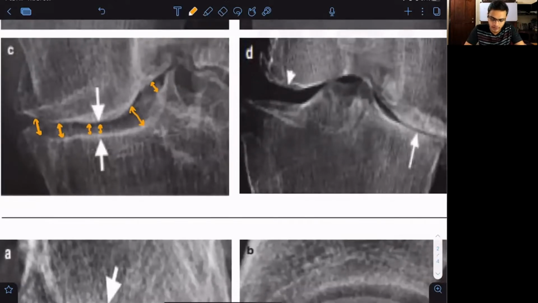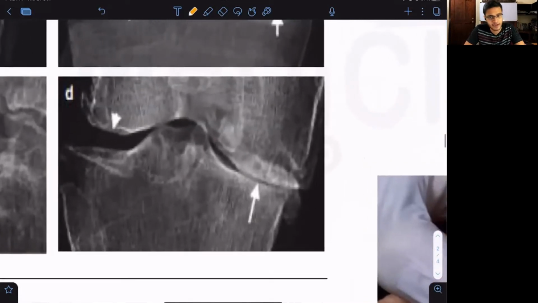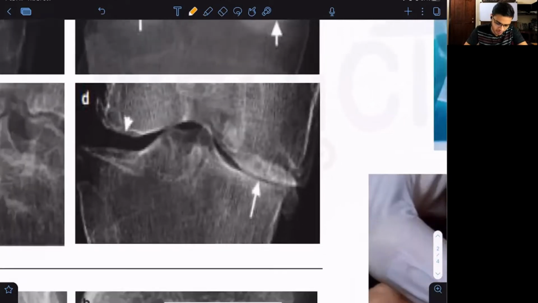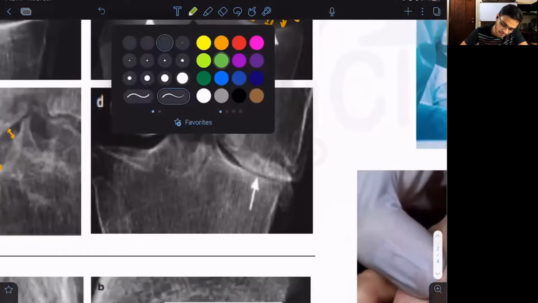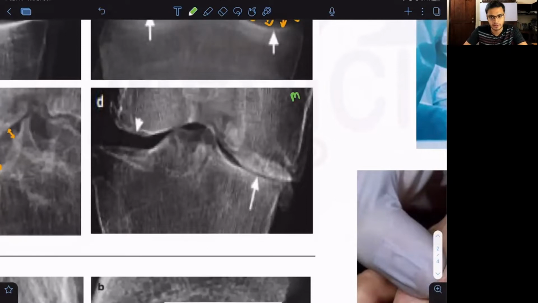Okay. Then this D patient, D1, right? Look at this D. Here, guys, what I want you all to know, if I say this is the medial aspect of the knee joint, and this is the lateral aspect of that joint, right? In the medial aspect, what do we have? Complete loss of joint space.